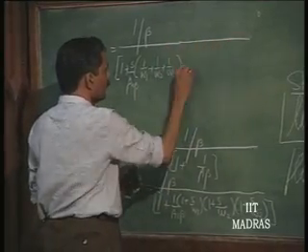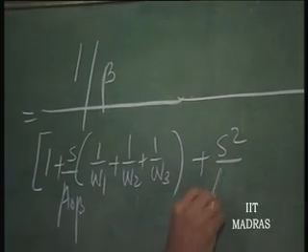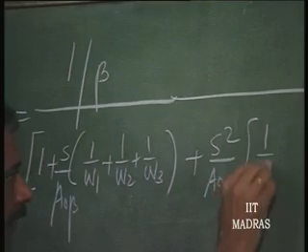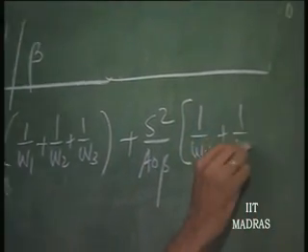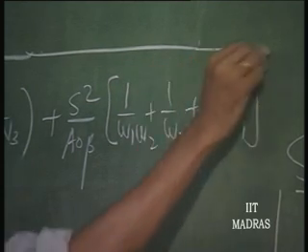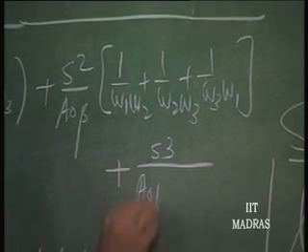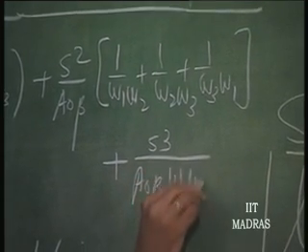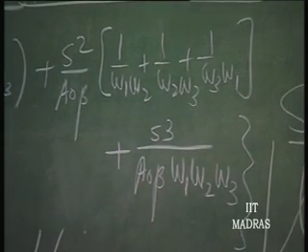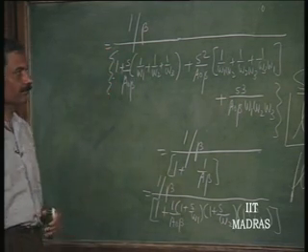Next, plus S squared by A naught beta, then the coefficient of this will be (1 by omega 1 omega 2, 1 by omega 2 omega 3, 1 by omega 3 omega 1). Then finally, S cubed by A naught beta omega 1 omega 2 omega 3. So, this is the third order system.